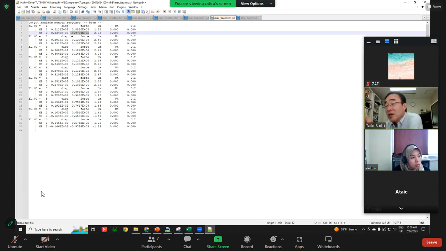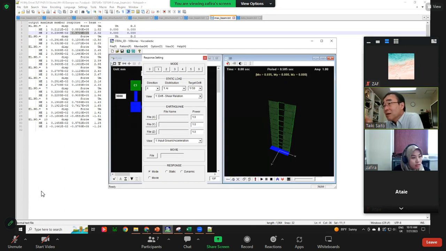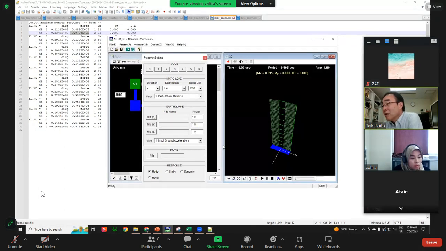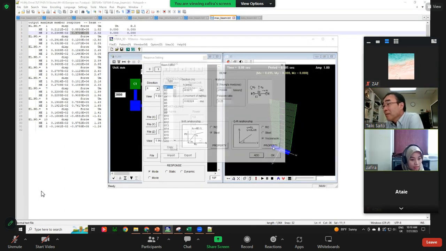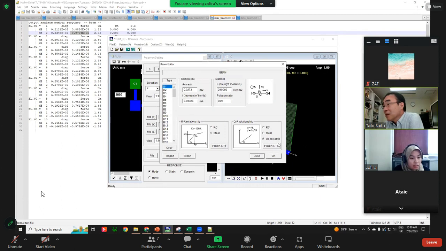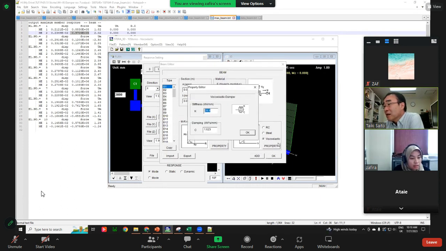So in this case, you assume the bending spring is elastic? Viscoelastic here. Let me open this. So this is elastic, right? Yes. And this is viscoelastic.